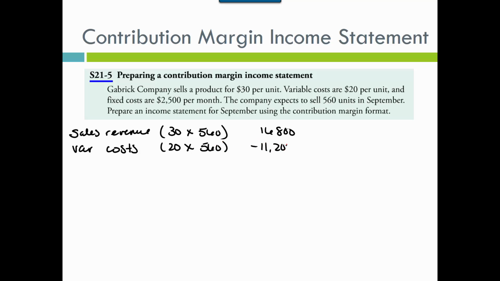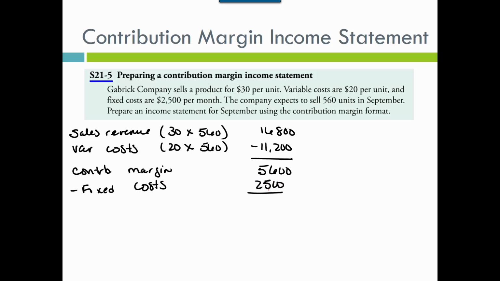So that's 11.2, which gives me a total contribution margin of 5,600. And then you subtract off your fixed costs, which were 2,500, and you get an operating income of 3,100. Okay, so that's the way they asked you to do it in the problem.